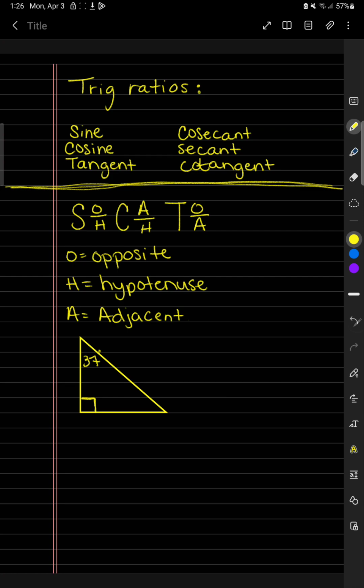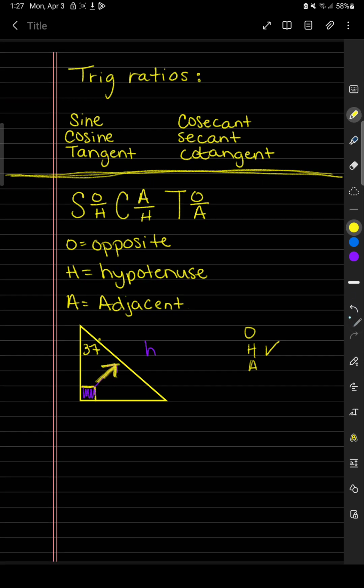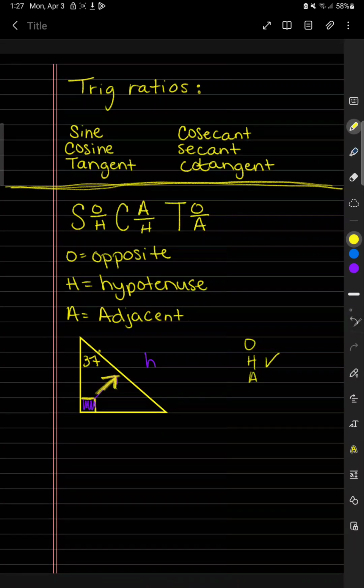No matter the position of the triangle, the side directly across our 90 degree box is always our hypotenuse. And then we have opposite and adjacent. Remember, there's 3 parts: opposite, hypotenuse, adjacent. For the other 2, you go by the position of the degree.